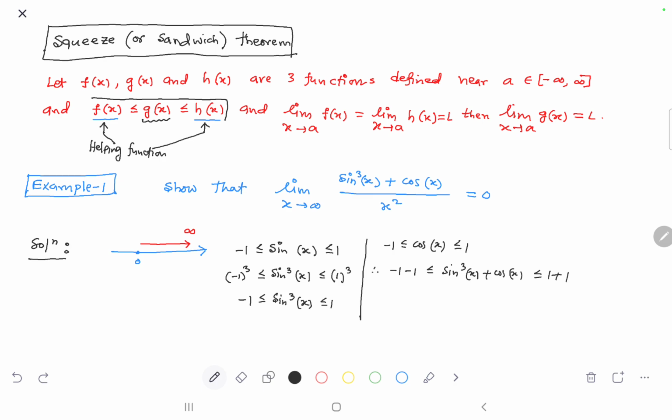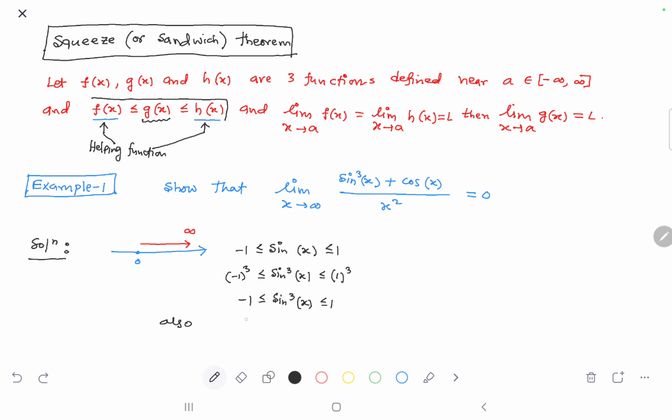Is it okay, Mayan? Did you understand or not? Let me write it here. Sin cube x is between -1 and 1.